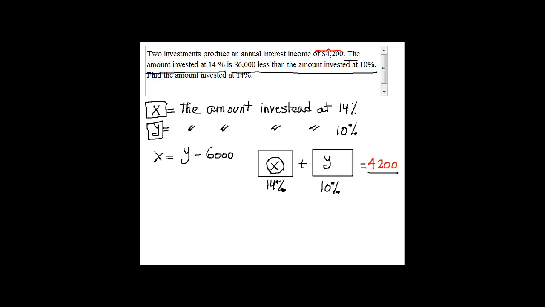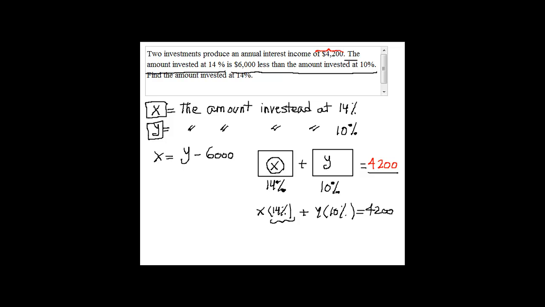To write the formula here, the first account gives you X times 14%, and the second account gives you Y times 10%. And this should add up to 4,200. We all know how to write 14% in decimal, right? 14 divided by 100 would be 0.14.